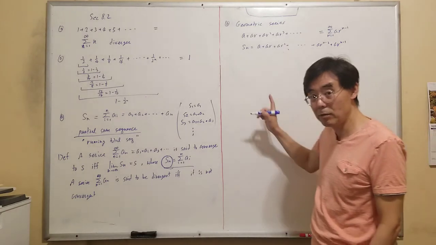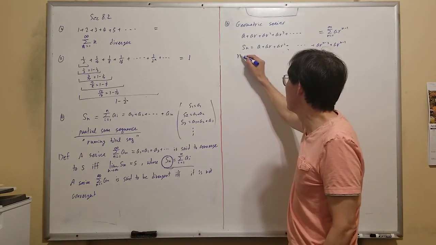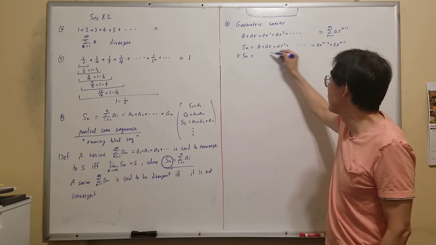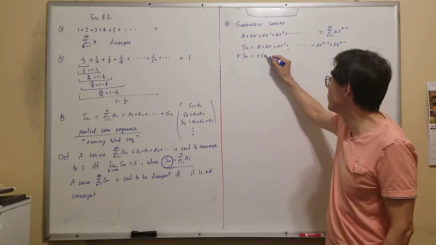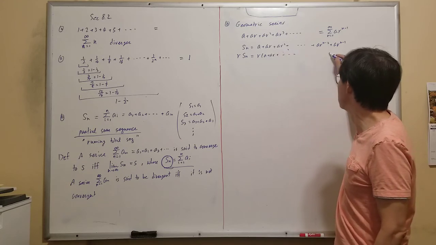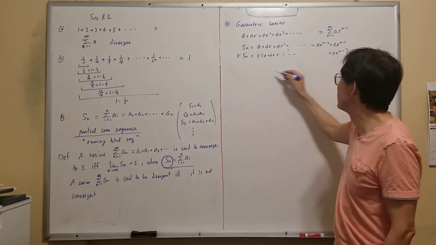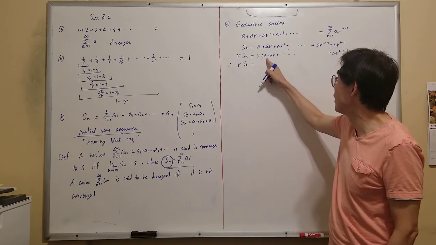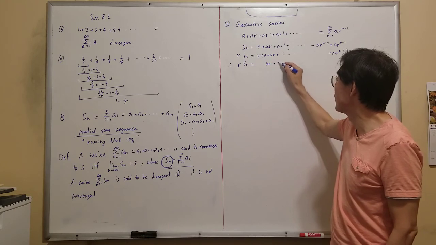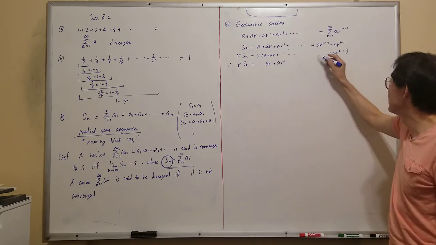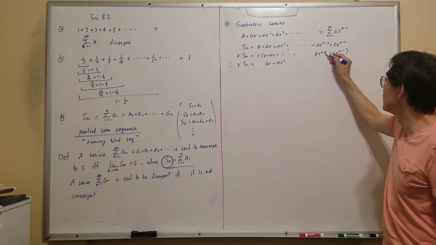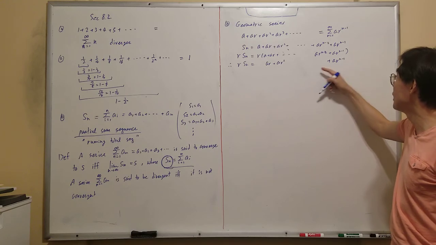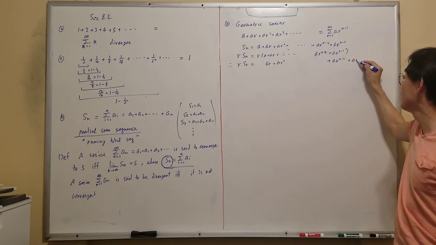So I will do this one quickly. If I multiply R times Sn, we multiply the whole thing by R. If I write it, distribute: AR squared, all the way to this last one times R will be written over here, and then R times this will give you AR to the n.